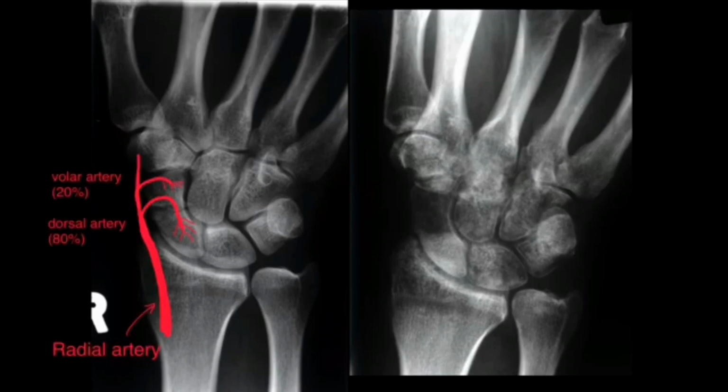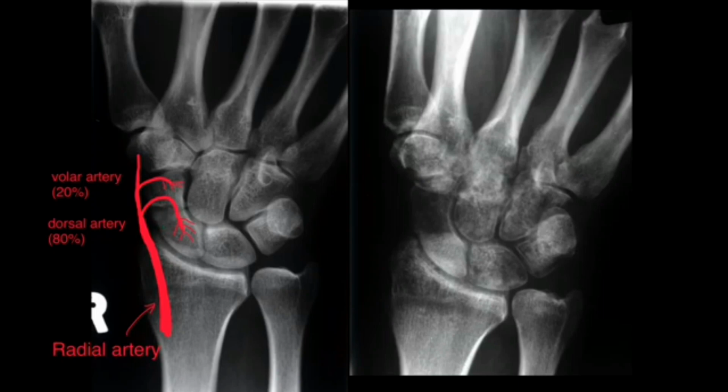And that's because the blood supply from the radial artery gives rise to both the dorsal and volar arteries. Volar is the other name for palmar. So the dorsal artery supplies 80% of the scaphoid, and when it's involved in a fracture, it can disrupt the blood supply.